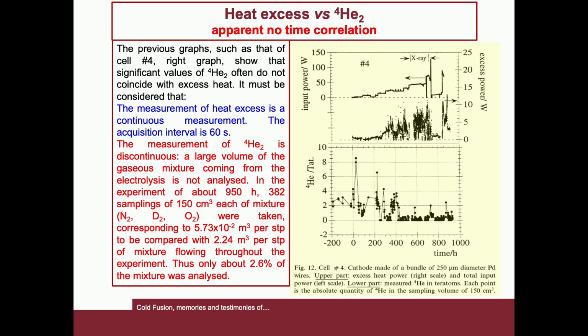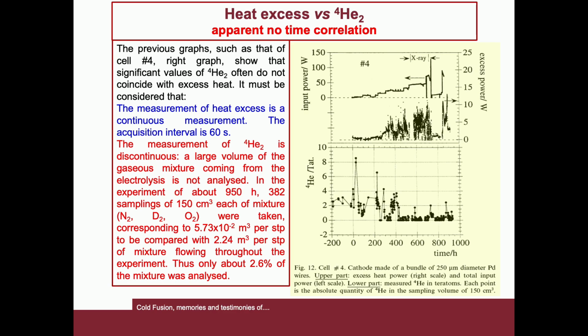Heat excess versus helium-4 and apparent no-time correlation. The previous graphs, such as the one for cell 4 reproduced here, show that significant values of helium-4 often do not coincide with excess heat.